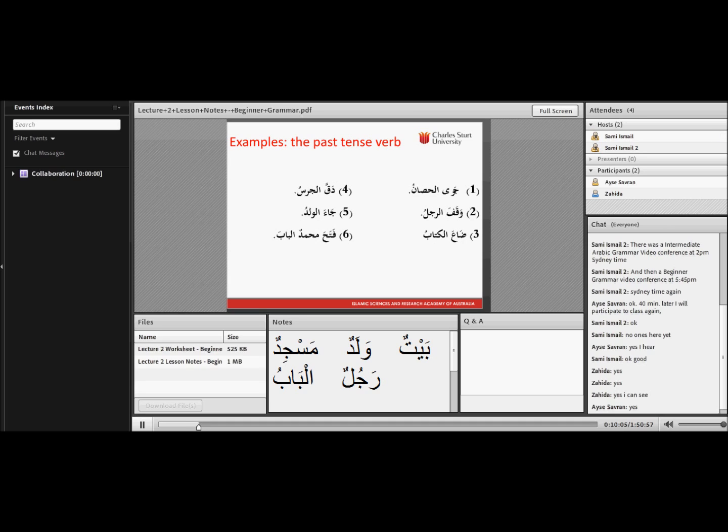Okay, so looking at some examples of the past tense verb, or the madi. Now the first sentence, let me just get my pen so we can highlight the verbs.